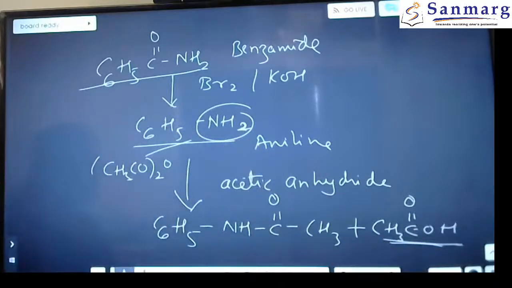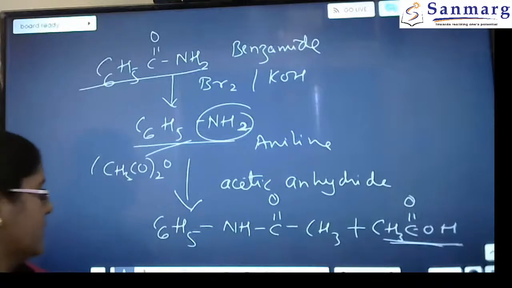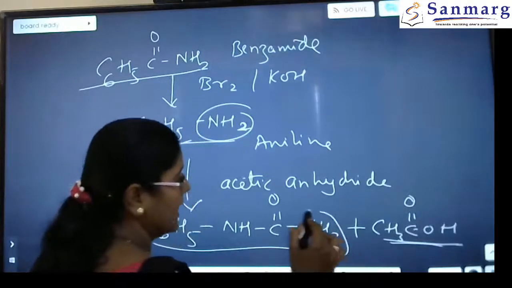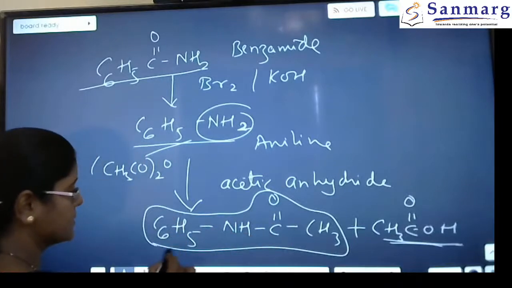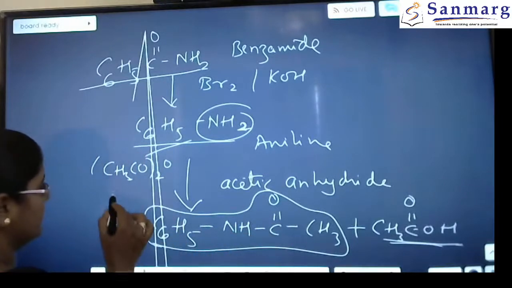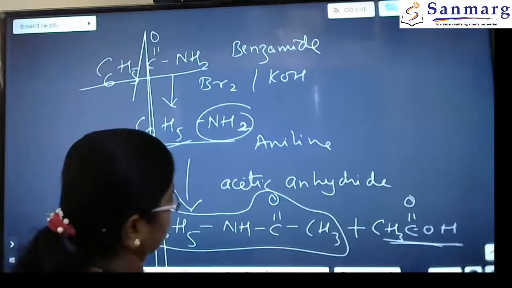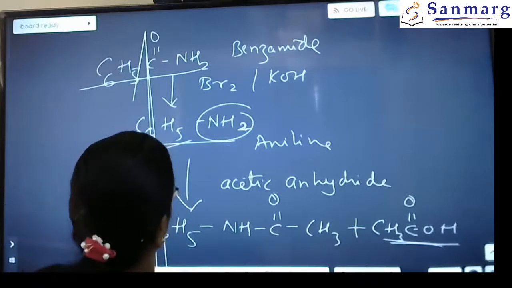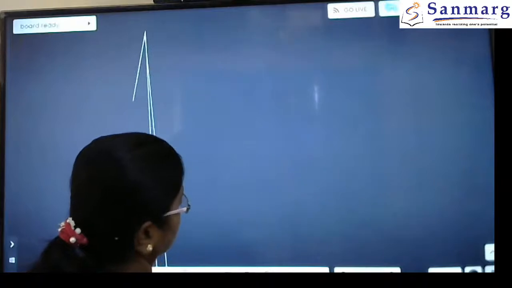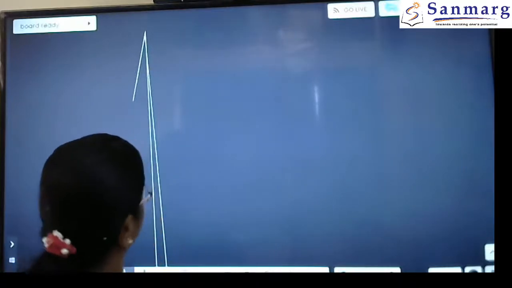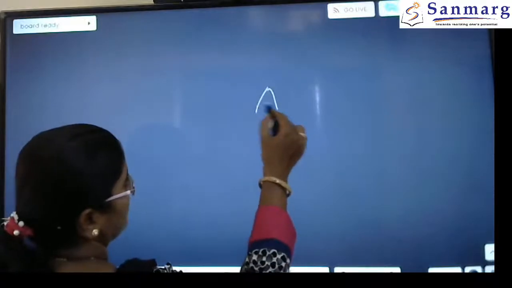So this reaction is a condensation reaction. Whatever product you get here is acetanilide. This is called acetanilide.